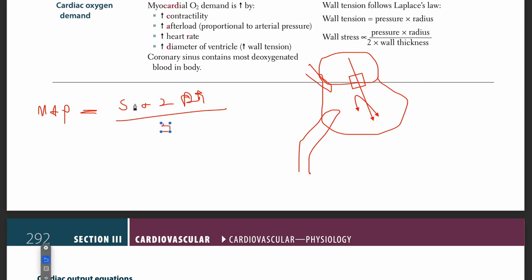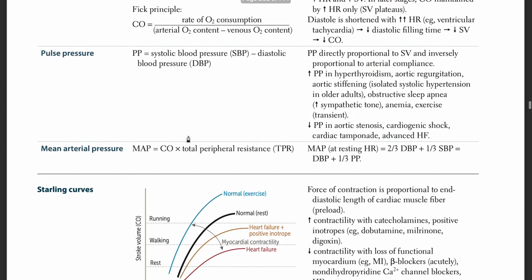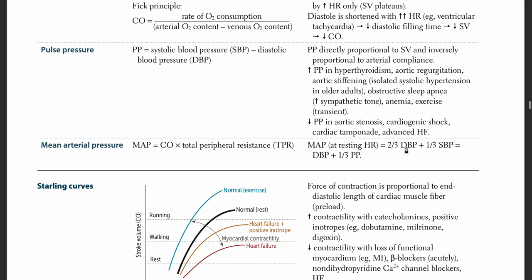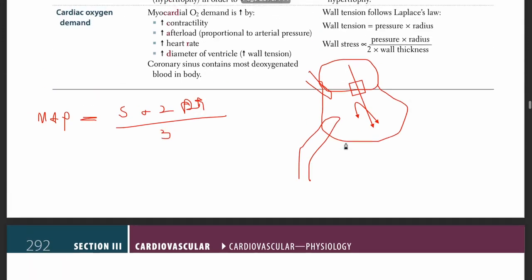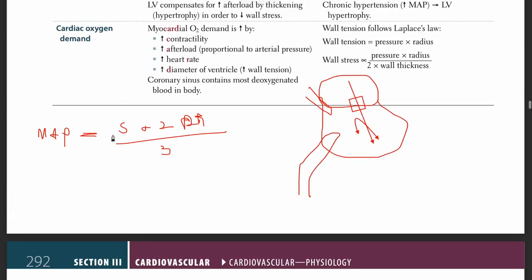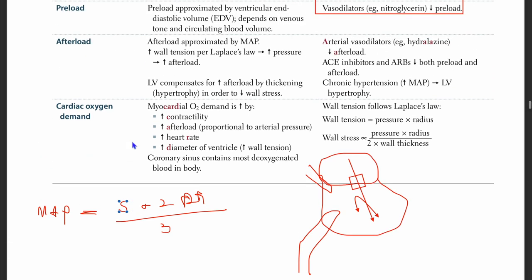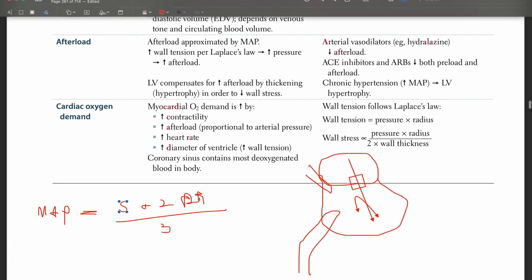They wrote 1 over 3 for systolic and 2 over 3 for diastolic, I think. I write it like this because it's easier for me to comprehend. So systolic plus 2 diastolic divided by 3 gives you mean arterial pressure. Know this formula because it could come in handy if they're asking a question for this.